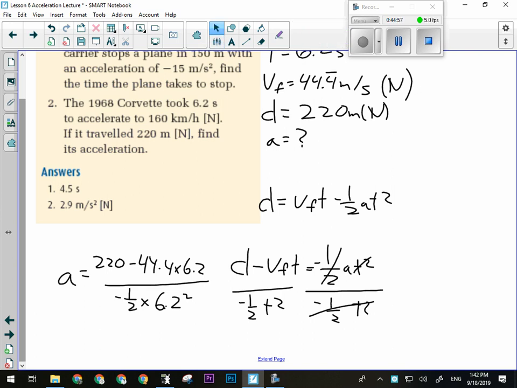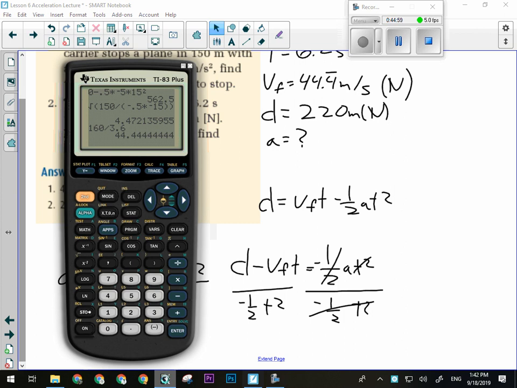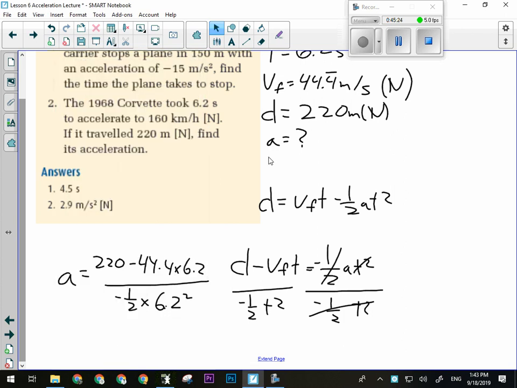So when we punch all that in, we're going to have 220 minus 44.4 times 6.2, divided by negative 0.5 times 6.2 squared. All right, so I'm getting that the acceleration would be 2.9 meters per second squared, north.